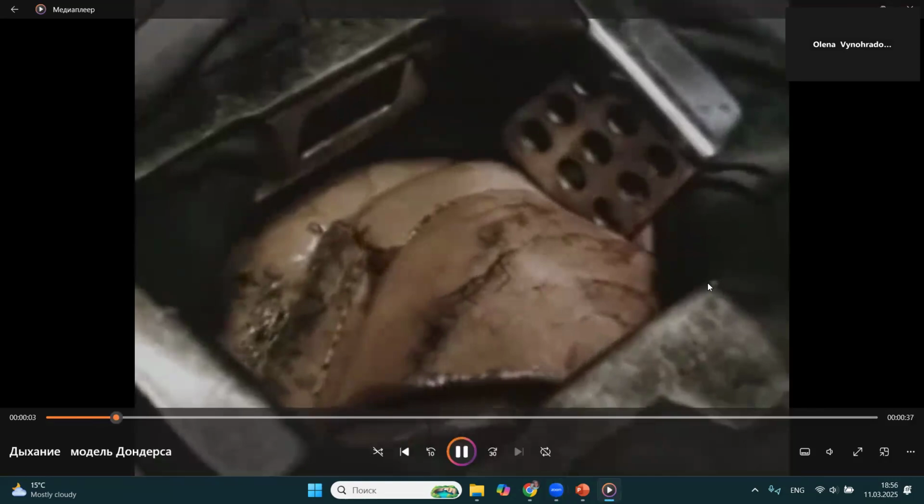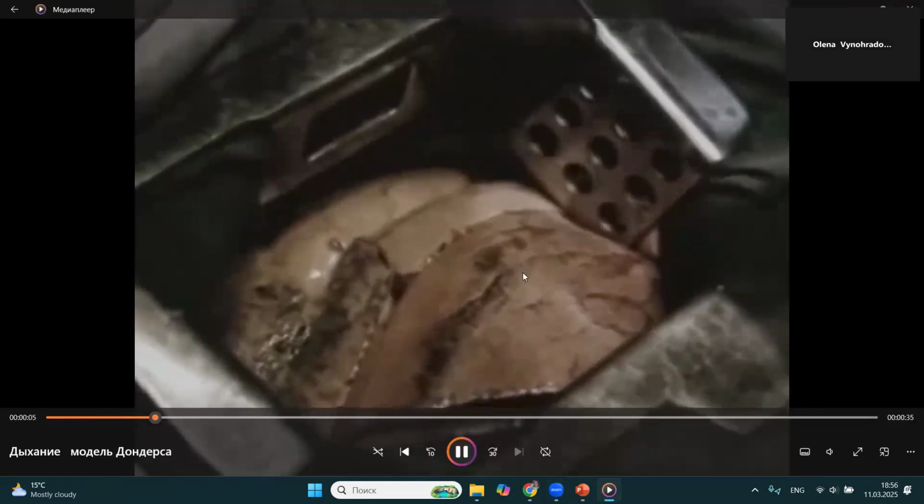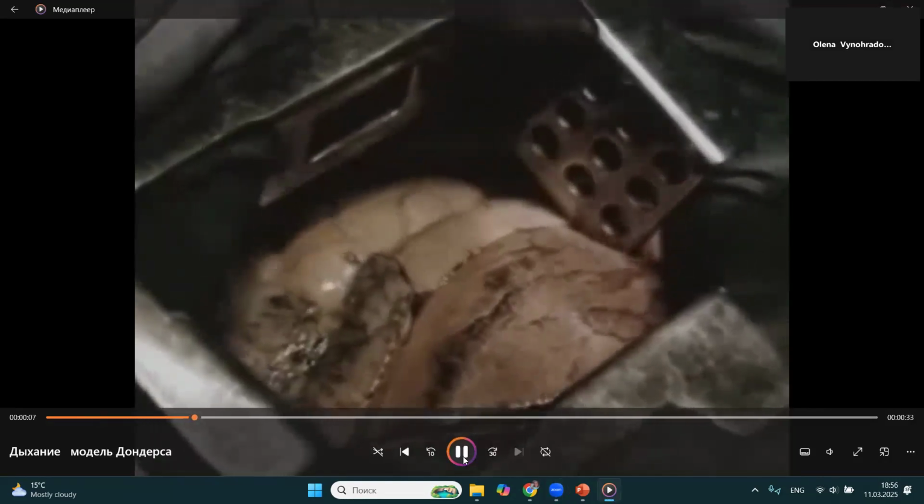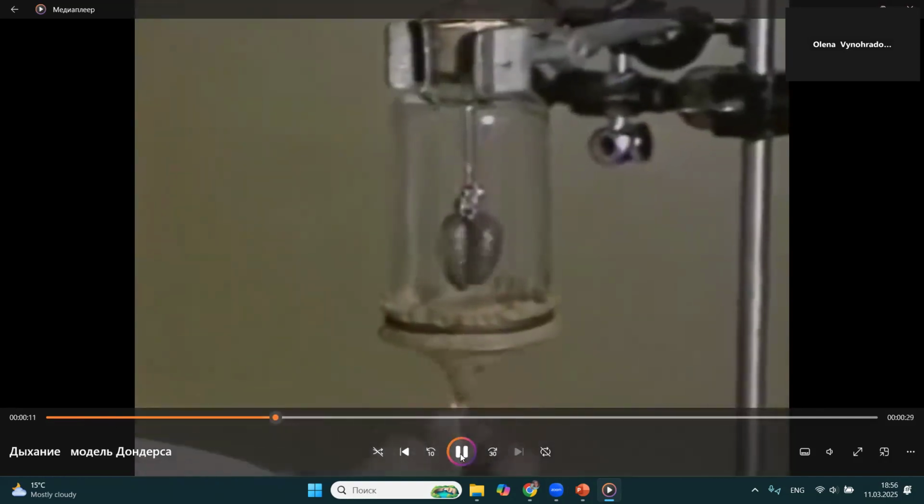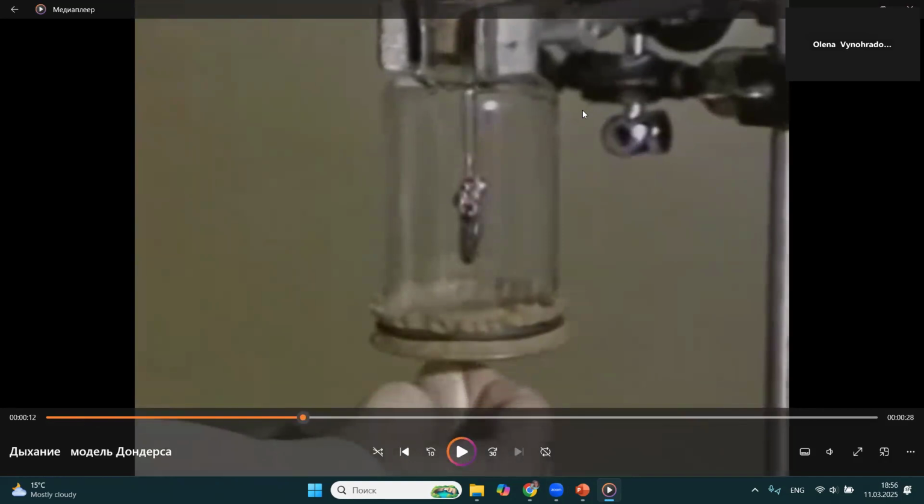Here you will see this model demonstrated using the lungs of a frog, but our respiratory system works in this way. Look, this is like our lung cavity. I told you that the lungs are isolated and air can be moved only through the passageway.